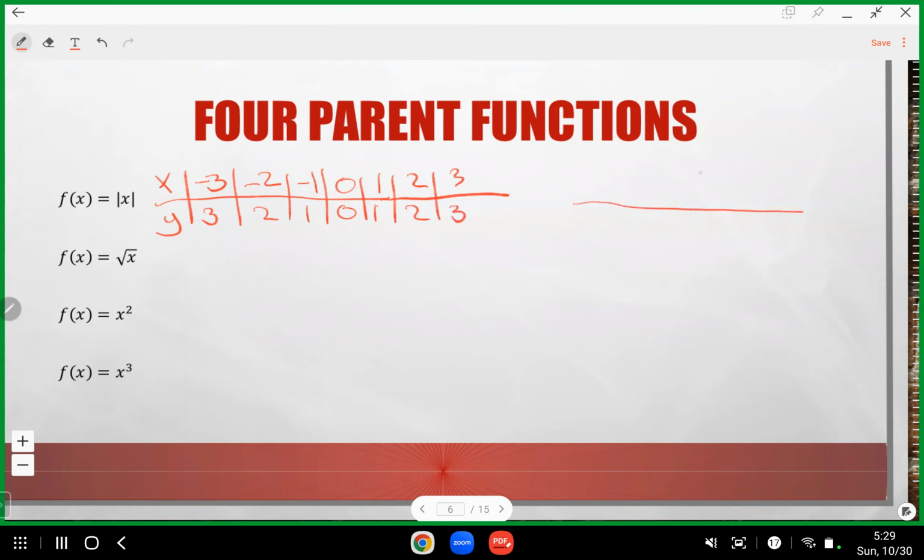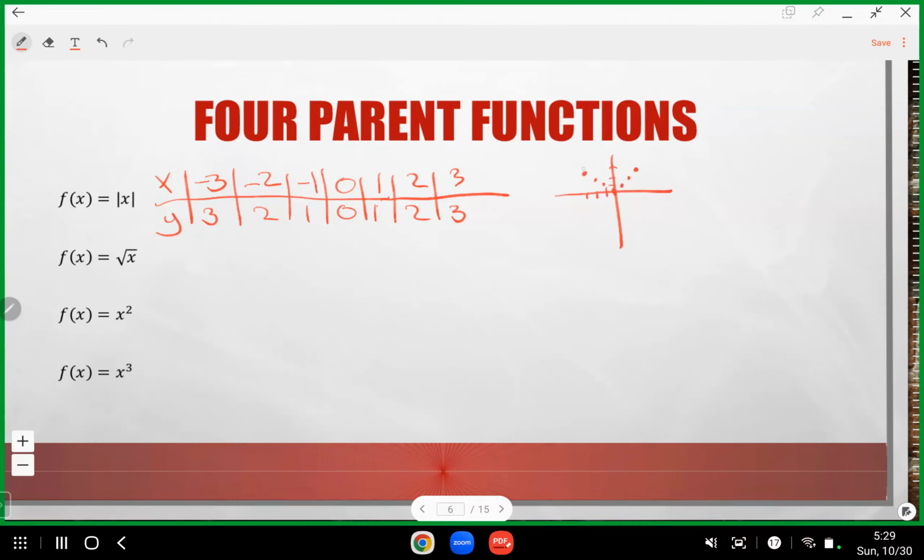Now let's plot these points. Let's make this graph real small here since we don't have that much space. So -3, 1, 2, 3, and 3, 1, 2, 3. Here, here, here, and the same on the other side.